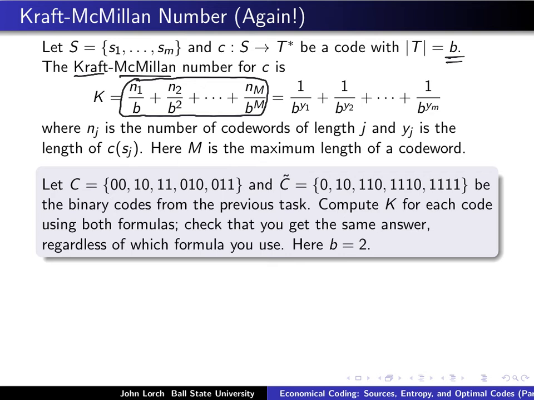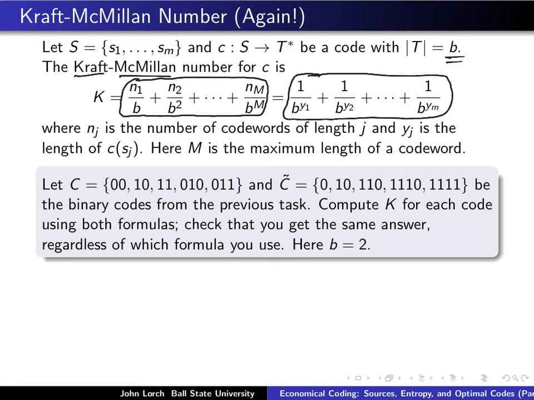Now, it turns out that we can also write the Kraft-Macmillan number in this way. So B, remember, is the size of the code alphabet. Y1, Y2, what are those? Well, remember from the previous slide, we're going to let Y sub j denote the length of code word S sub j.